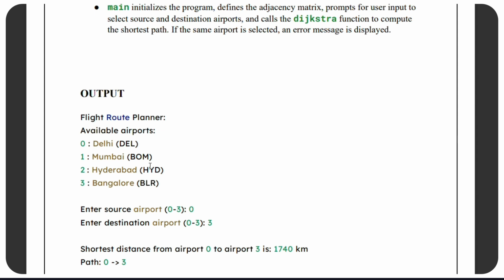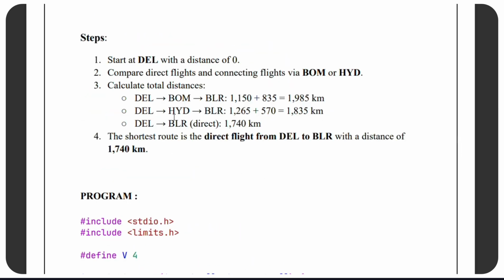And after passing Delhi and Bangalore as input, we get the output: shortest distance from airport 0, that is from Delhi to Bangalore, is 1740 kilometers, and the path is direct from 0 to 3, as we have seen in the algorithm. Delhi to Bangalore direct flight is 1740 kilometers.